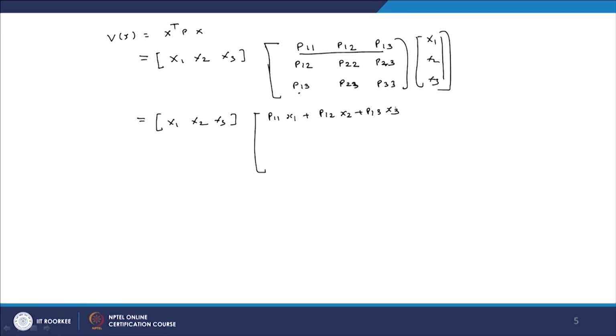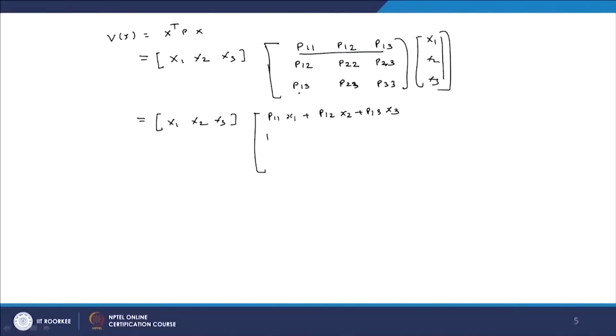These are row-column multiplications, and afterward they are added. Now the second row: P12 into x1 plus P22 into x2 plus P23 into x3. This is the second row with this column, and now the third row with this column. We can write P13 into x1 plus P23 into x2 plus P33 into x3.